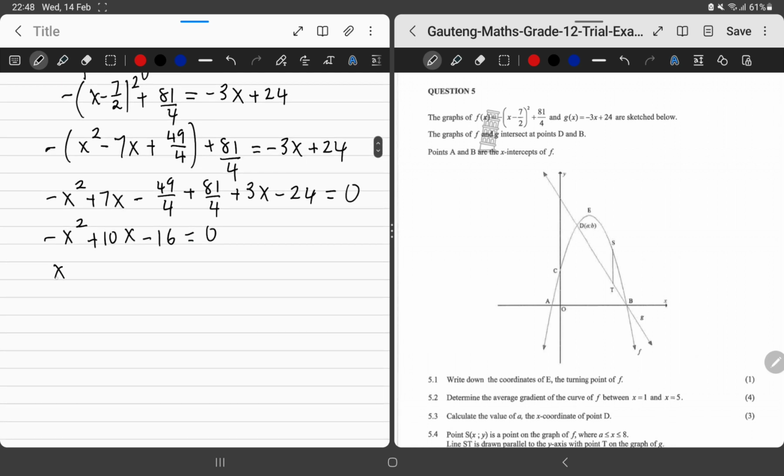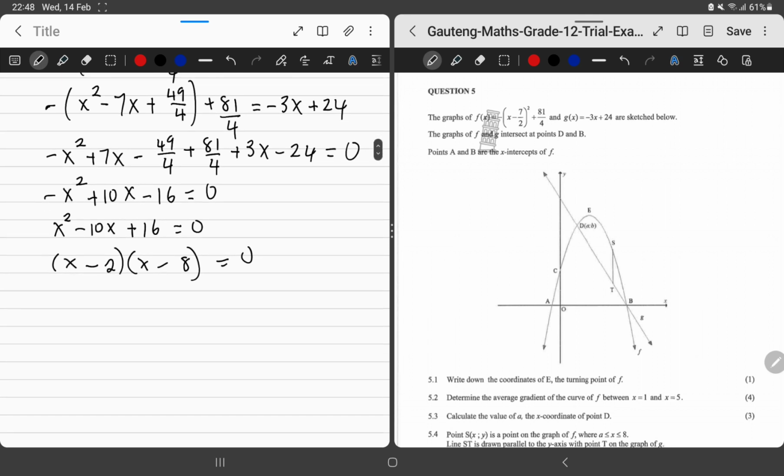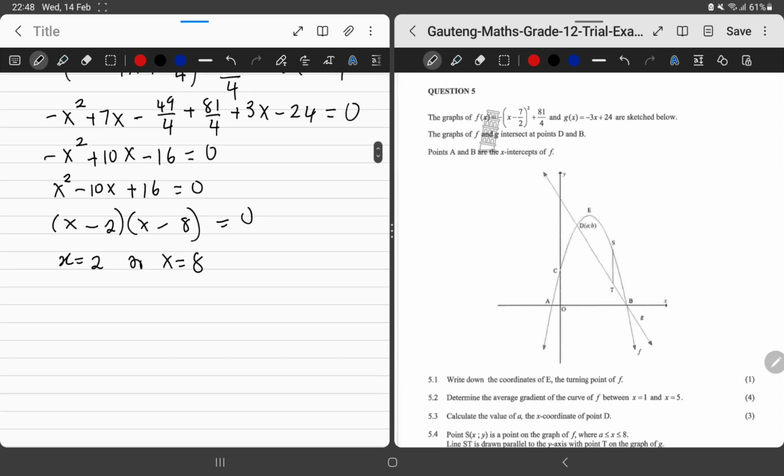Then I'm just going to divide everything by negative 1. This is x squared minus 10x plus 16. The factors of 16 that will give me a 10 are an 8 and a 2, and they are both negative. x should be equal to 2 or x should be equal to 8. The value of a should be equal to 2 because this x-coordinate here is smaller than that x-coordinate there.